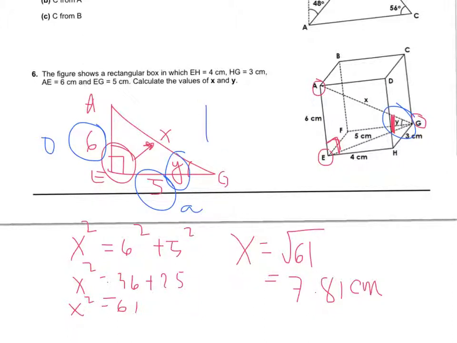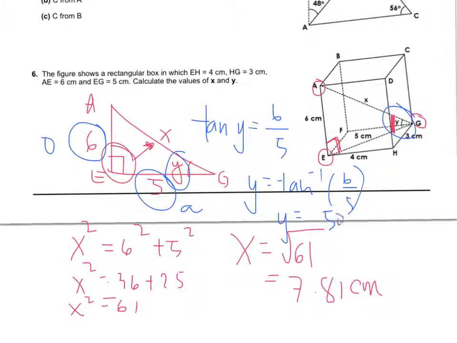Tangent of y is equal to 6 over 5. And remember how we answered number 1. Shift, so tangent inverse of 6 over 5 will give you the value for y. Final answer? 50.19 degrees. That's the value of y. Alright, cool.